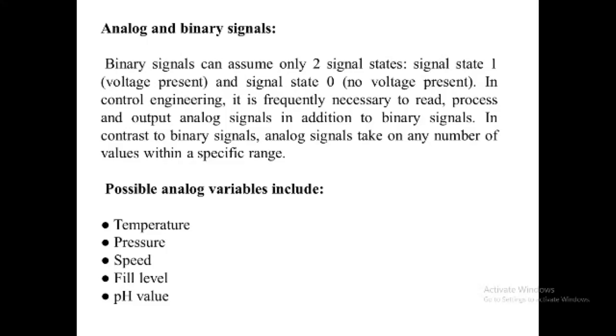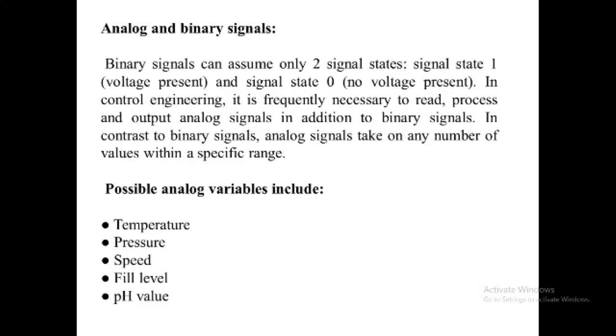So basically, what exactly do analog and binary signals mean? A binary signal can assume only two signal states: signal state 1 means voltage is present, and signal state 0 means no voltage is present.